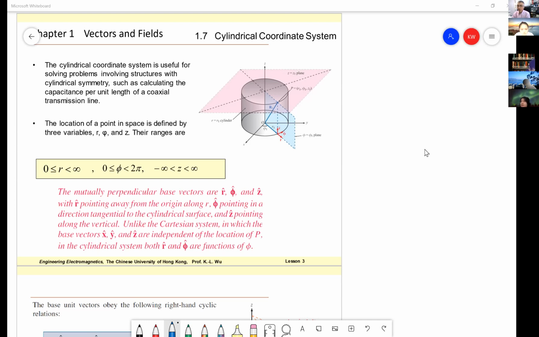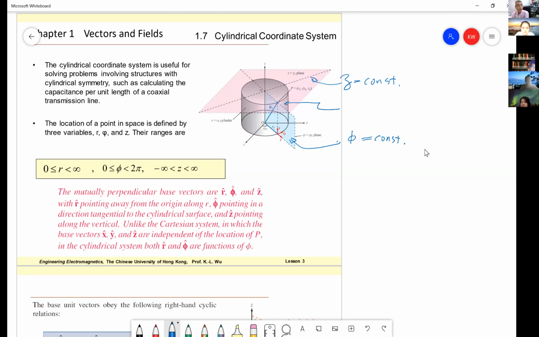These three surfaces are: one, z equal to a constant; then angle phi equal to a constant; and then, can you see my shared screen?